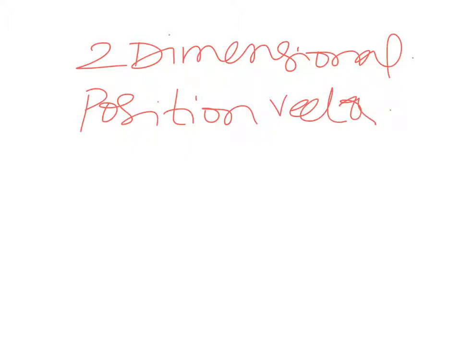Now, what exactly is a position vector? A vector that extends from a reference point to the point at which the particle is located is called a position vector.